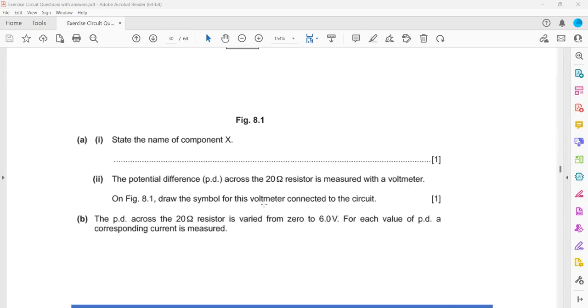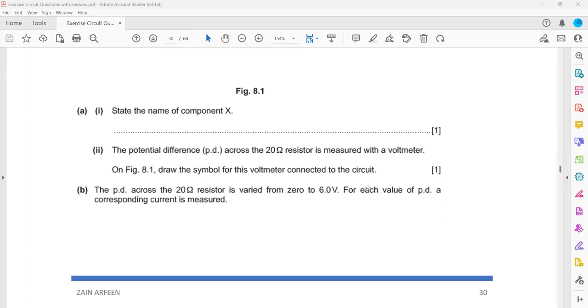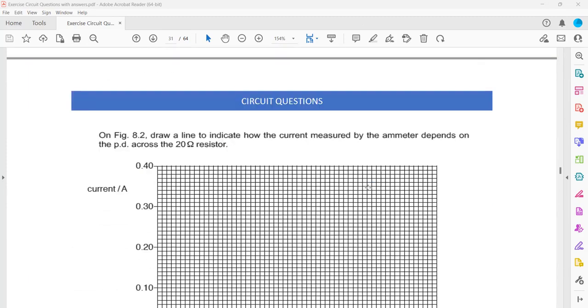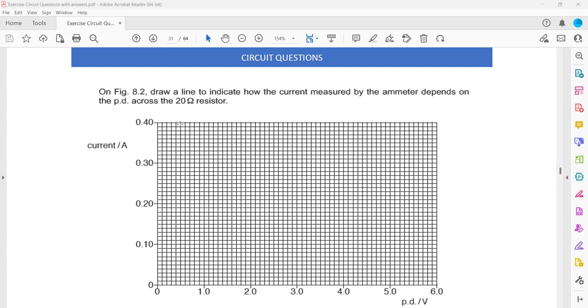Then the potential across the 20 ohm resistor is varied from 0 to 6. For each value of potential, the corresponding current is measured. On figure 8.2, draw a line that indicates how the current measured by the ammeter depends on the potential across the 20 ohm.